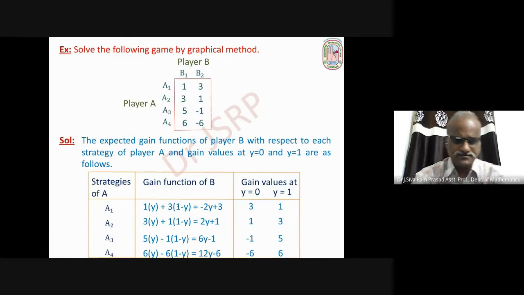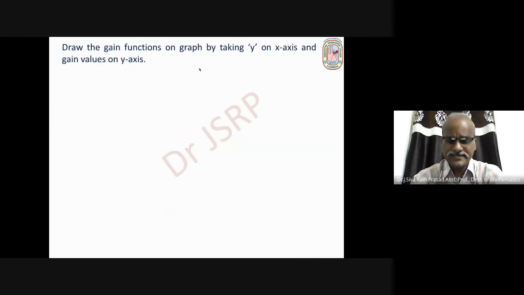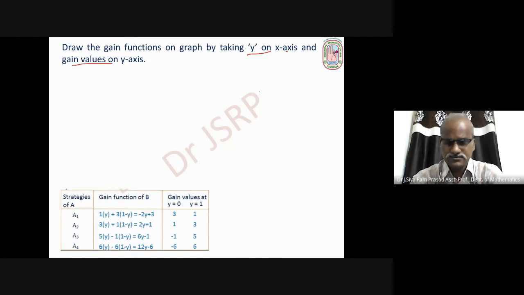Now we draw these four gain functions on a graph, taking y on the x-axis and gain values on the y-axis.